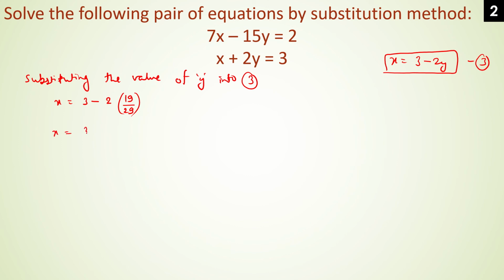So we get 3 minus 38 by 29, and here we get 87 minus 38 by 29.